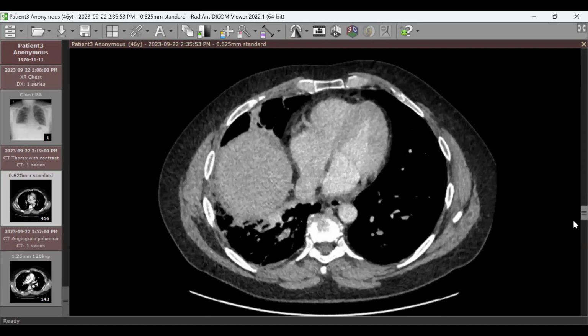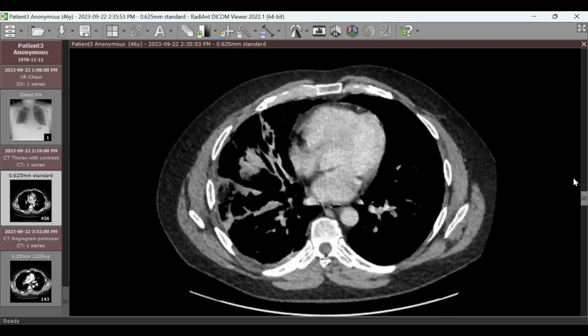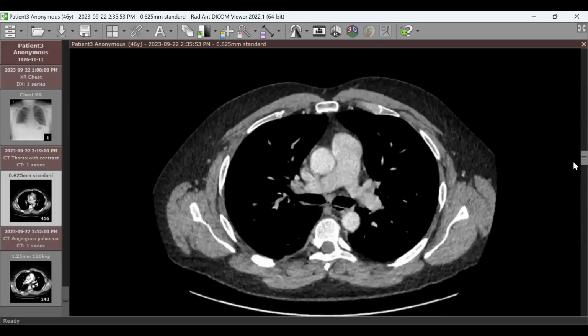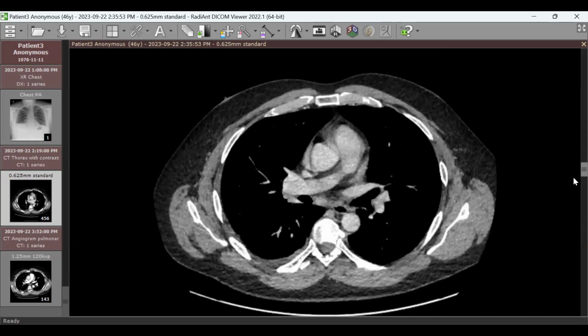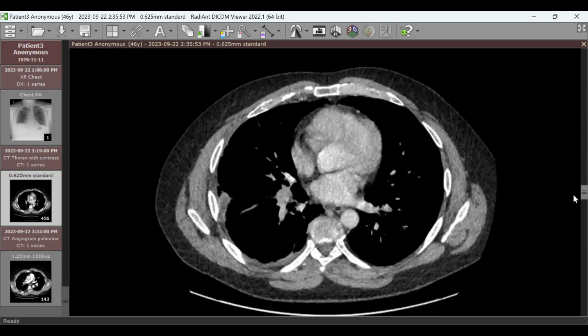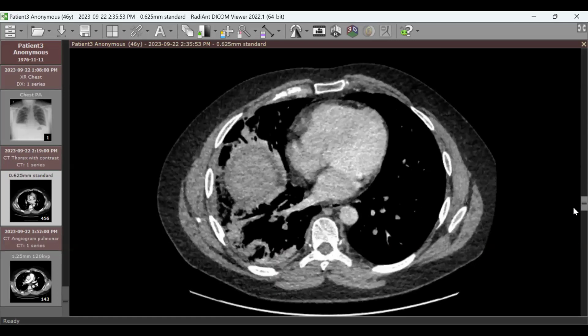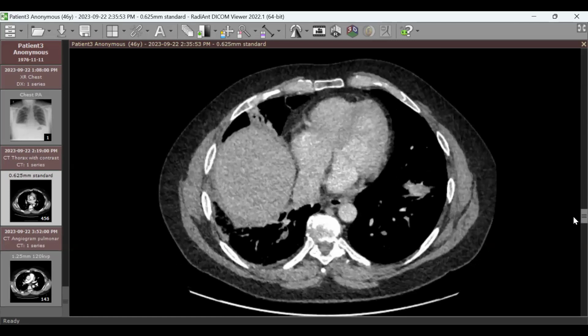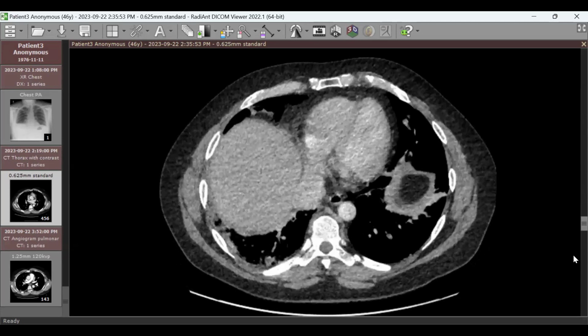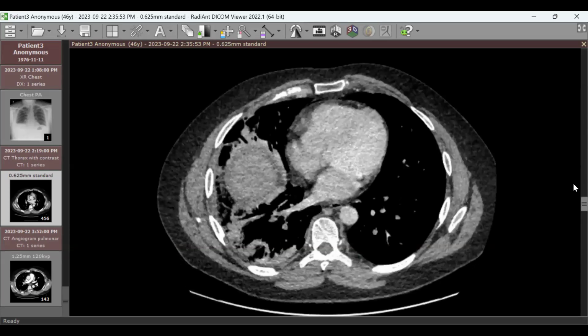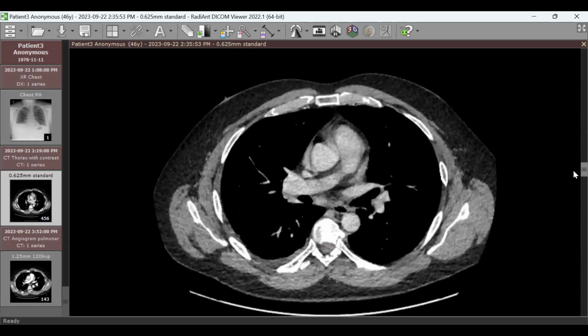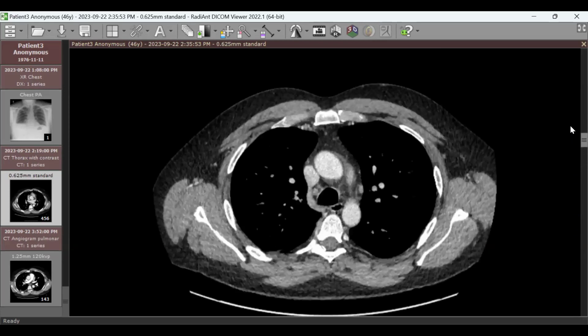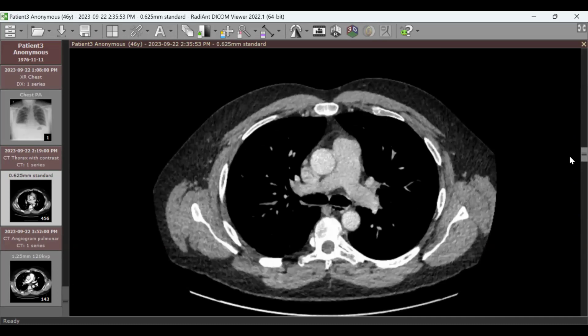Can I follow the right main bronchi? Okay. Other structures other than the bronchi. Vessels. Okay, yeah.